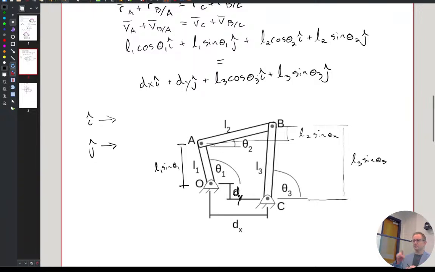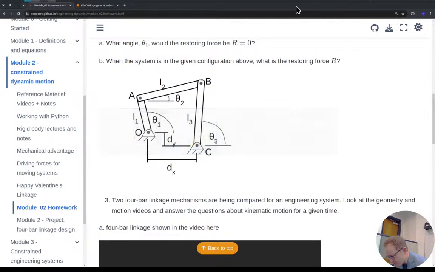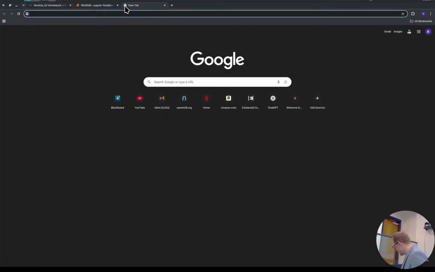Otherwise it would be kind of a fidget toy, because you could have a 4-bar linkage fidget toy that spins around itself, and you can hold any one of the pieces and watch the others move. I did a 3D print of one, but I don't know if I have it.